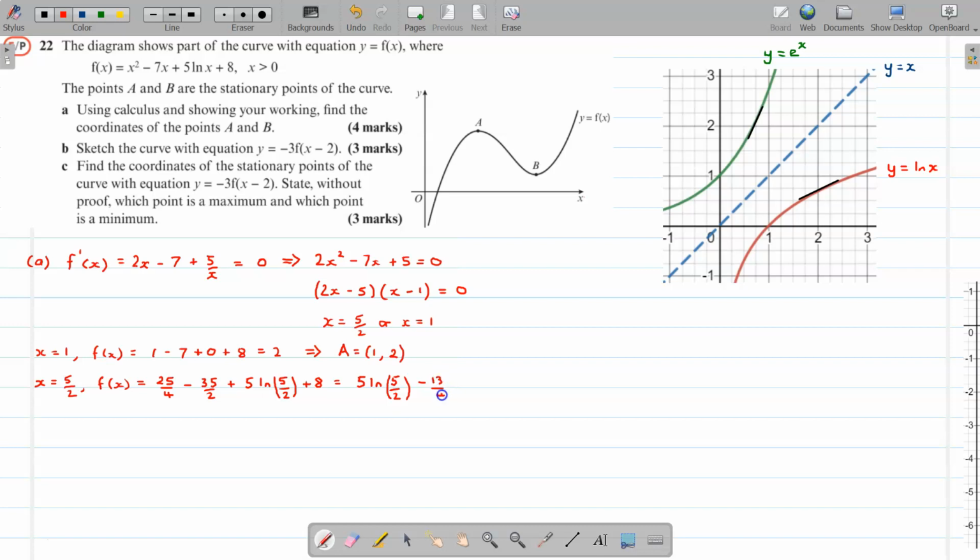That is the y coordinate of the point B. It works out to about 1.33 on the calculator, but leave it in natural form, and so that means that the point B is 5 over 2, comma, 5 log 5 over 2, minus 13 quarters.